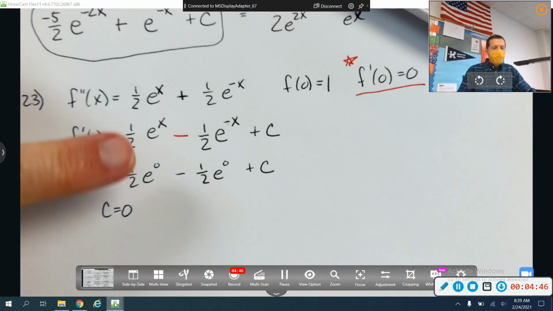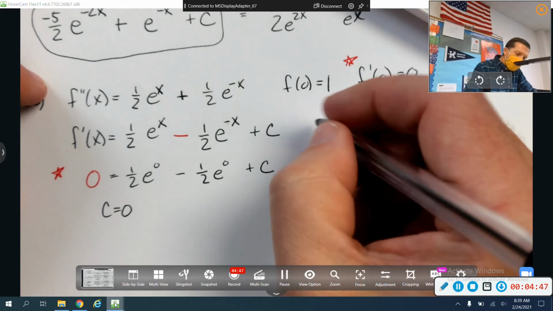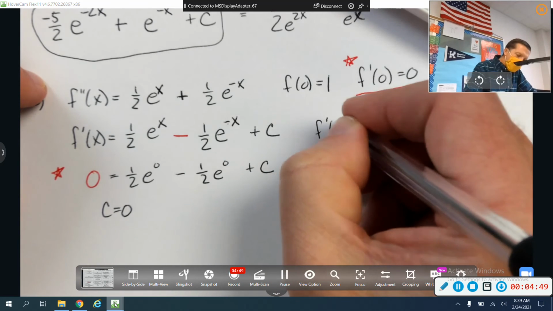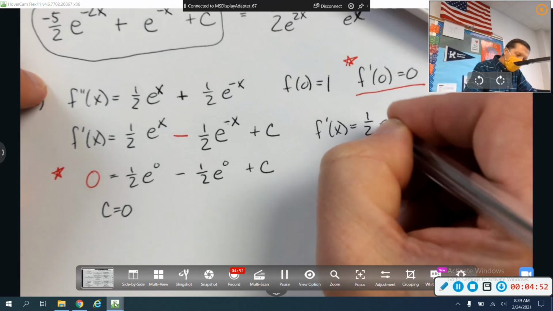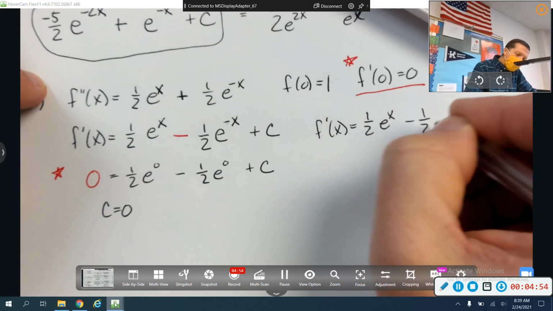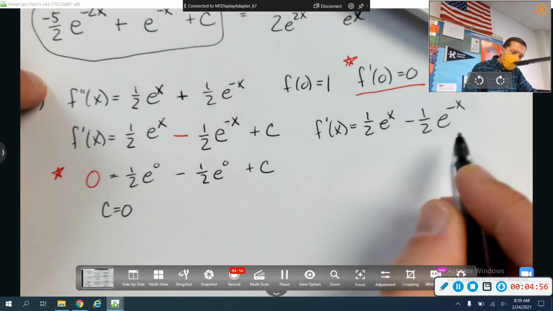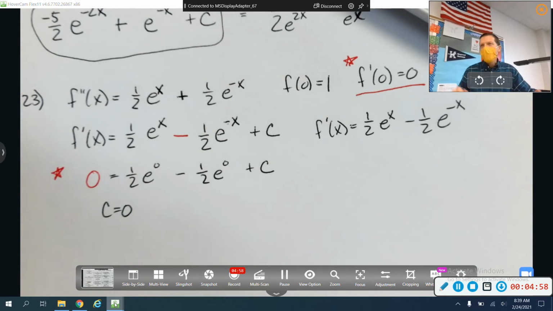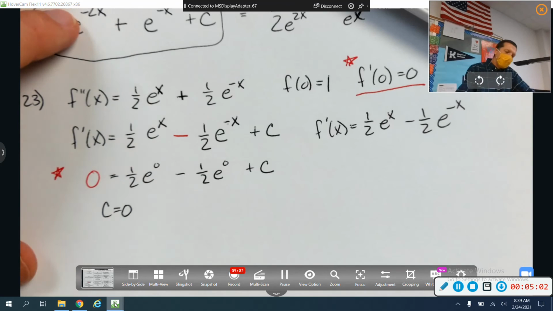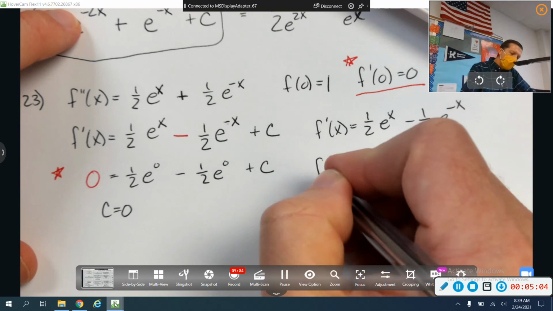That means if we forgot about c, we'd still get the question right. So first derivative is 1/2 e to the x minus 1/2 e to the negative x plus 0. Now we need to undo that derivative, go backwards one more time to get to f of x.